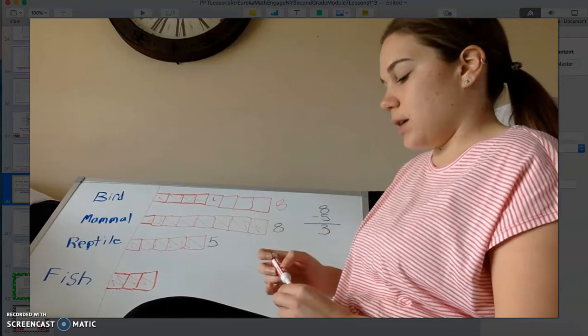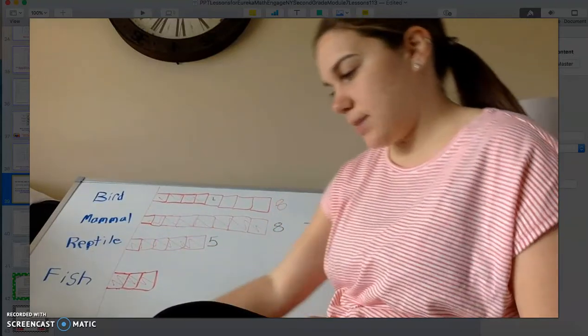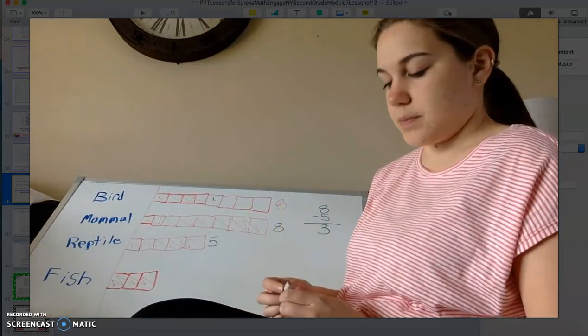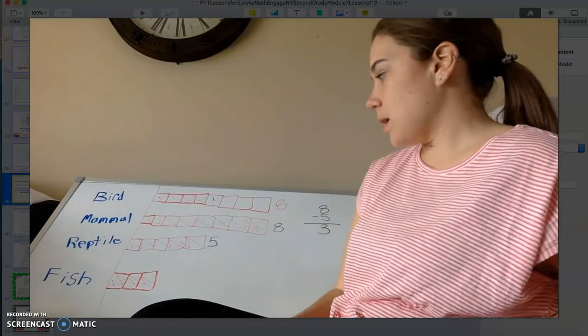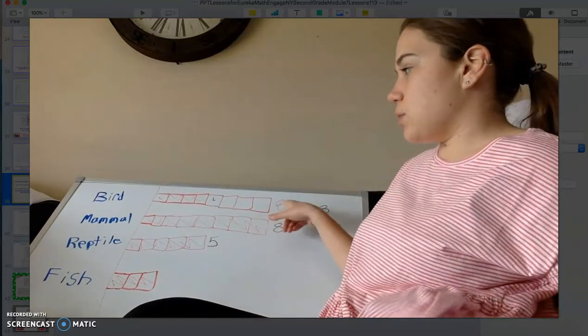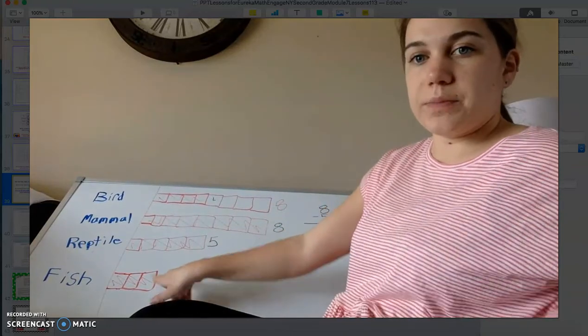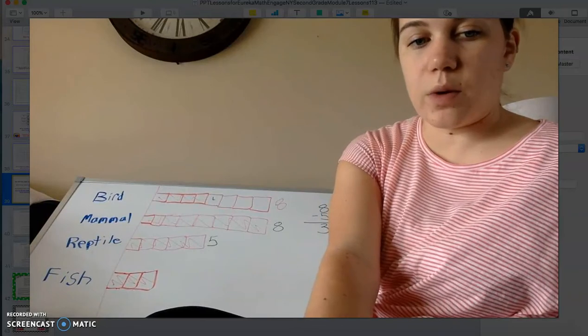So now there's 8 birds. What other animal type has the same amount of animals? The mammals also have 8. Now there's more birds than there is reptiles, and there's more birds than there is fish. That's how our graph would look a little bit different if we added 4 more birds.